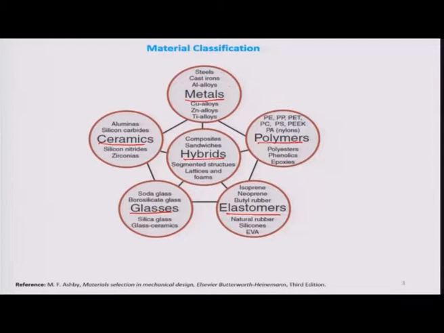These metals are very strong and hard. Some are ductile, some are very brittle in nature, and we will study these in detail in the next slide. Ceramics may be crystalline or non-crystalline.